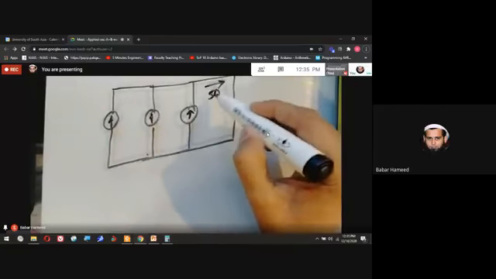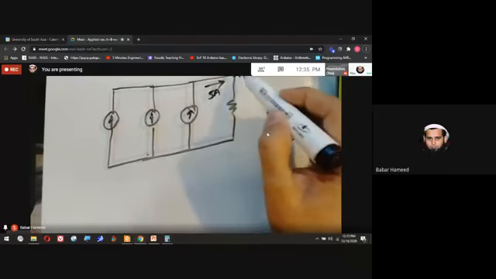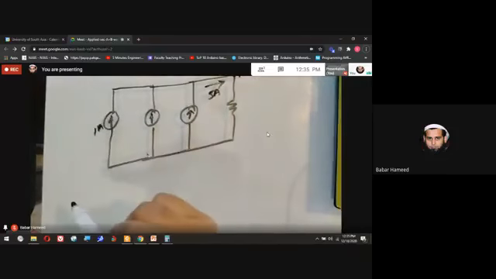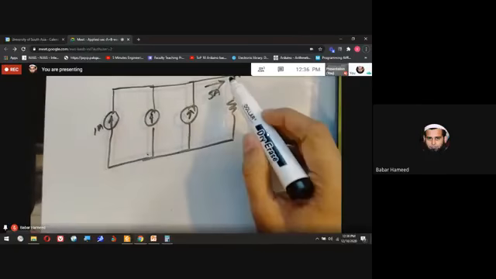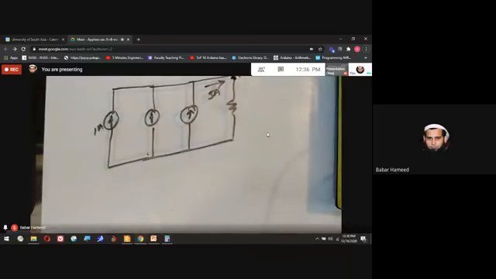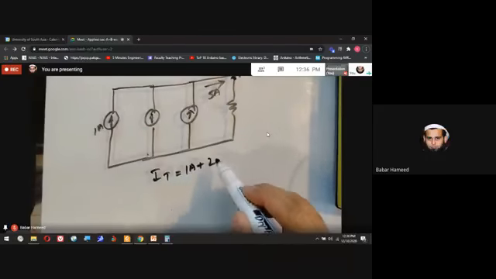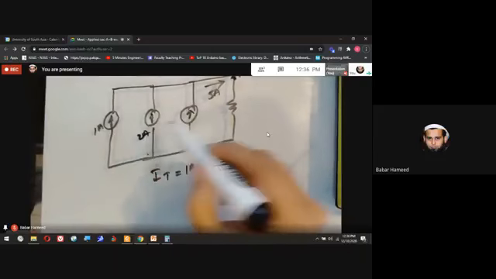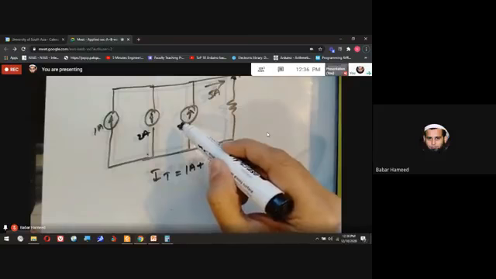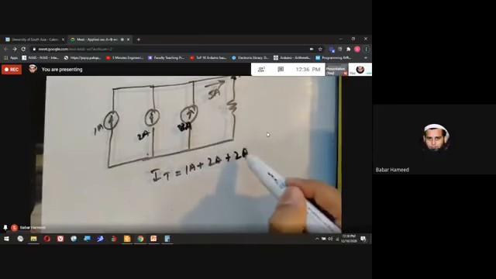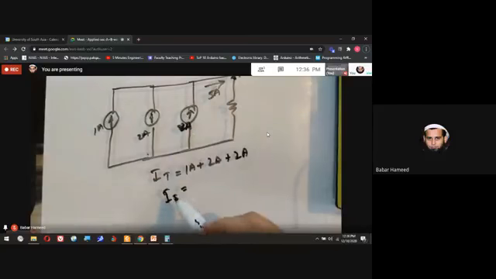Total current is 5 ampere at node A. As shown in the figure, the three current sources in parallel provide current in the same direction into this particular node. So IT will be equal to 1 ampere plus 2 ampere plus 2 ampere. So, total current will be 5 ampere.